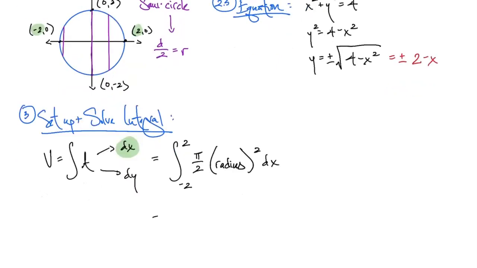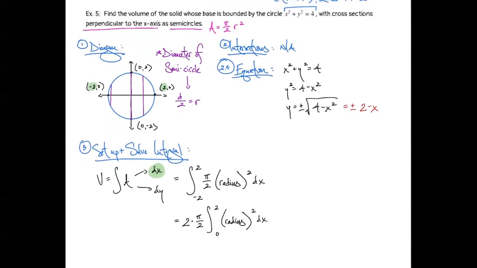So I'm going to say 2 times, bring that constant out, from 0 to 2 of the radius squared. Okay.